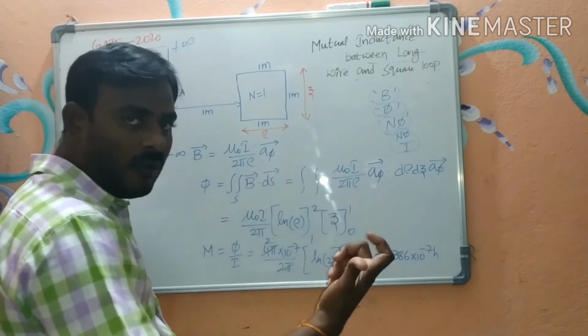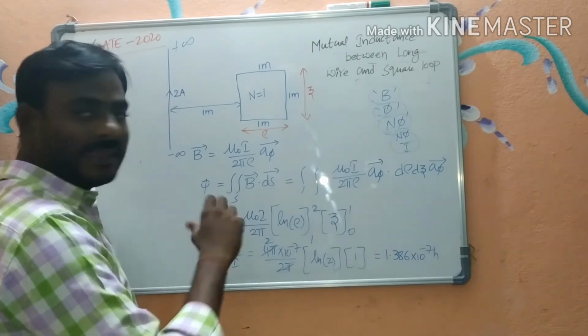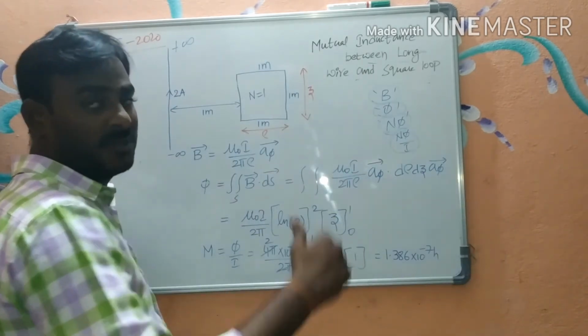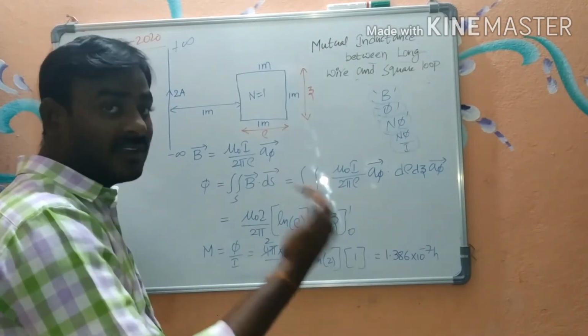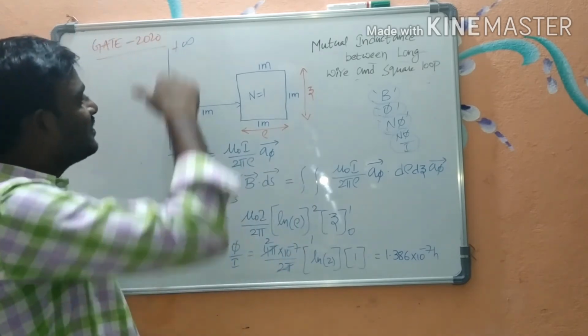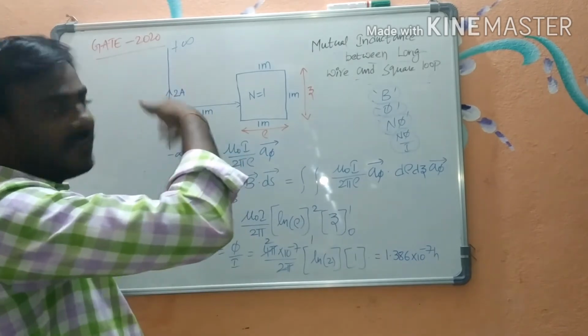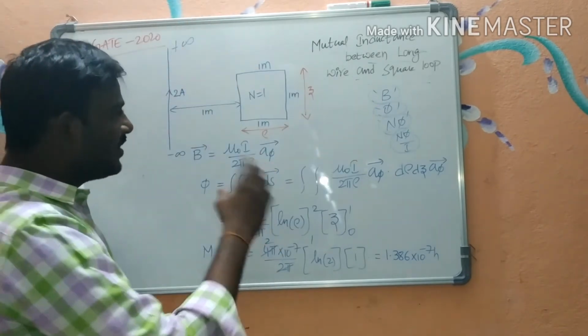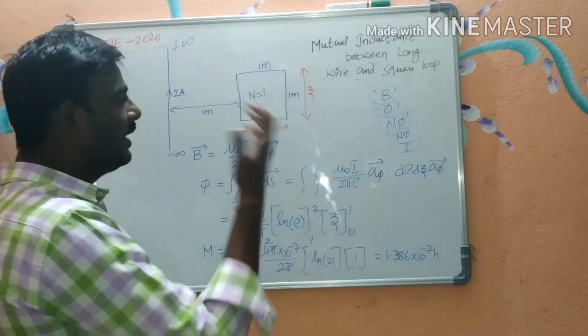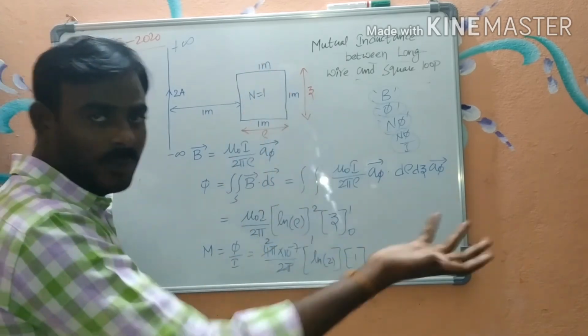So we take the ratio of the flux linking the second conducting loop to the current of the first conductor. I is the current of the first conductor, so we don't bother about whatever this current may be. It depends on how much flux links the second loop.